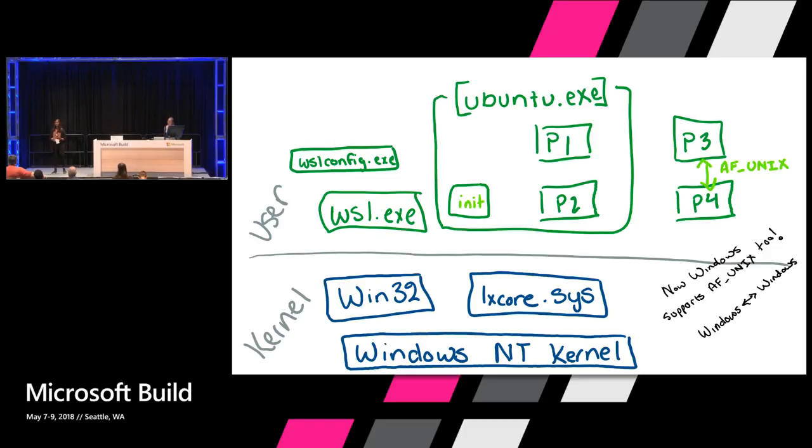We've talked a little bit about interop between the Windows side and your Linux side. What we can do is actually communicate between applications on the Windows and the Linux side through AF Unix sockets. So if an application implements an AF Unix socket way of communicating, we can now have these mixed applications.